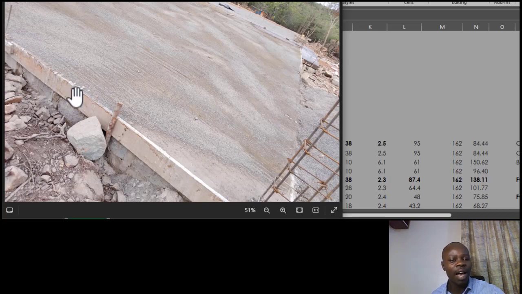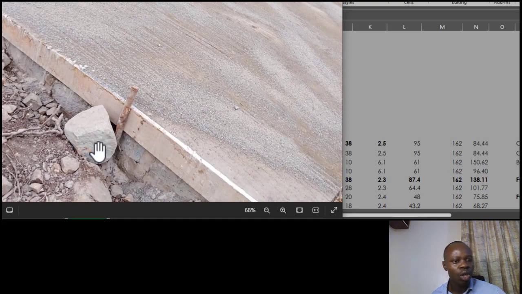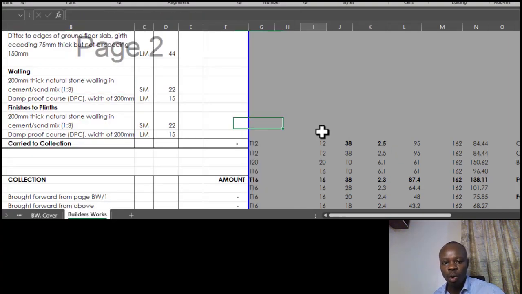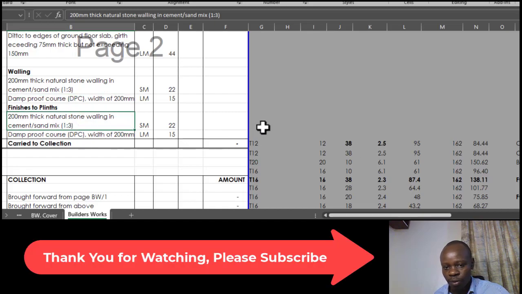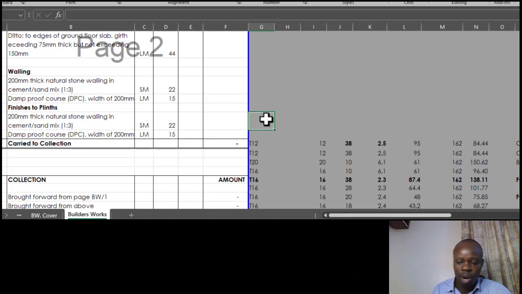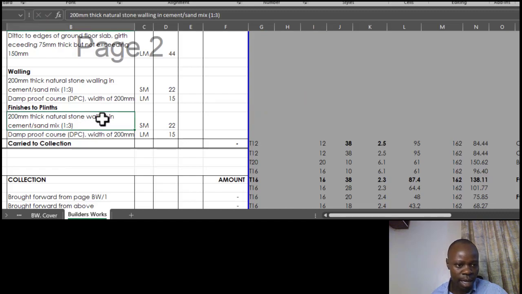And that given girth, from this illustration, you notice that you should be having part of the slab and also part of the foundation walling. So let's get to work and see how to estimate for that. I can use this part to also do our calculation, and the first one is plastering.